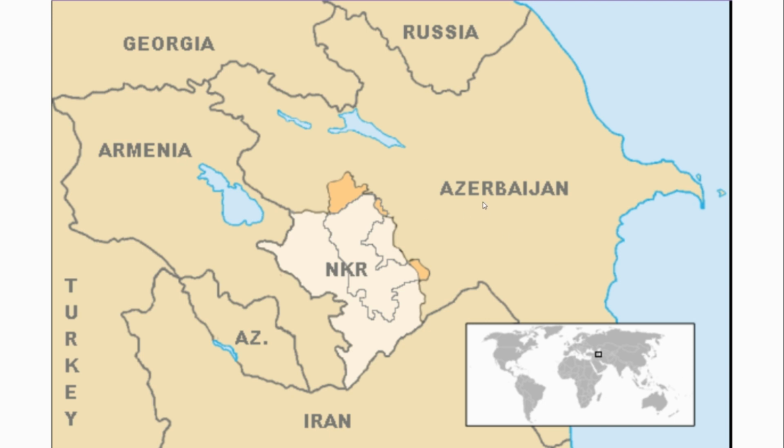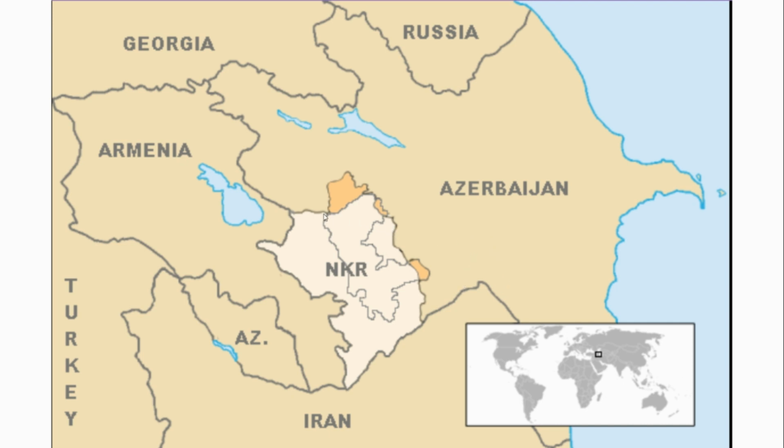As we've seen recently, before the Ukrainian war, in 2020 there was a war between Azerbaijan and Armenia. When you look at this territory, NKR, this is Nagorno-Karabakh, which is a mountainous region of Karabakh. This was controlled by Armenia since the First Karabakh War, which ended in 1994.